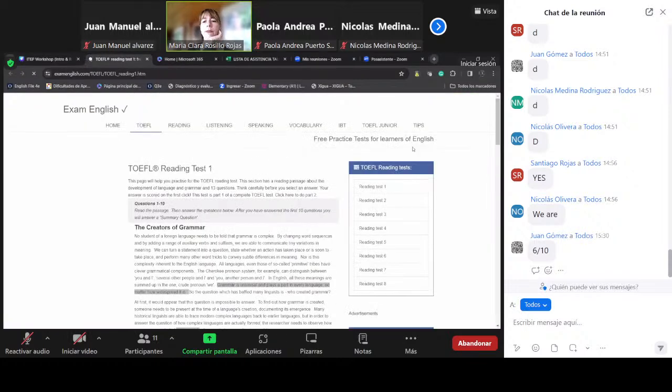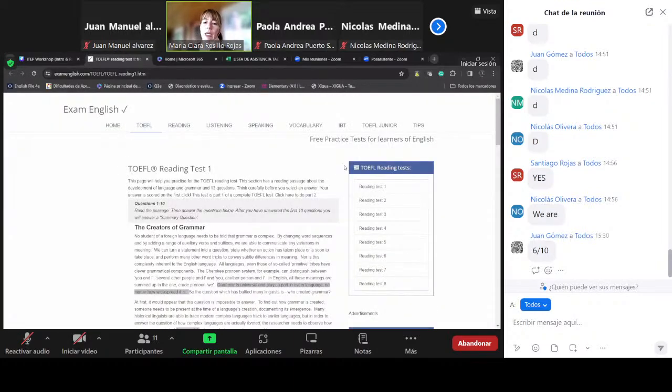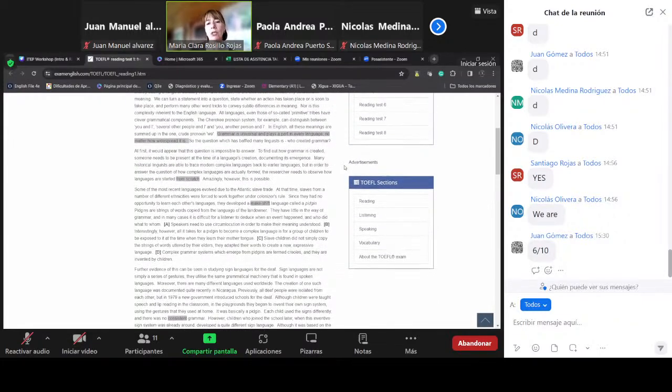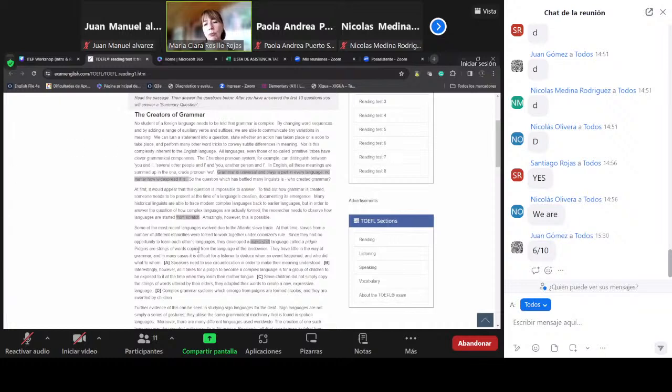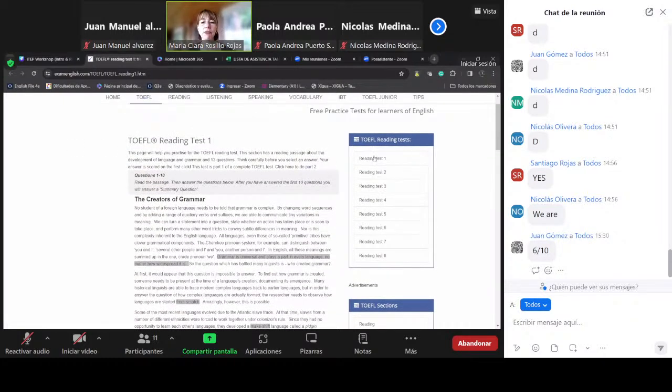I want to show you, you have different, this is for the TOEFL. But there are very similar exercises like this one, look, like the one that we were practicing, that is to put it in the place where it belongs. And here you have different reading tests, 1, 2, 3. So it's very good that you use this to practice.